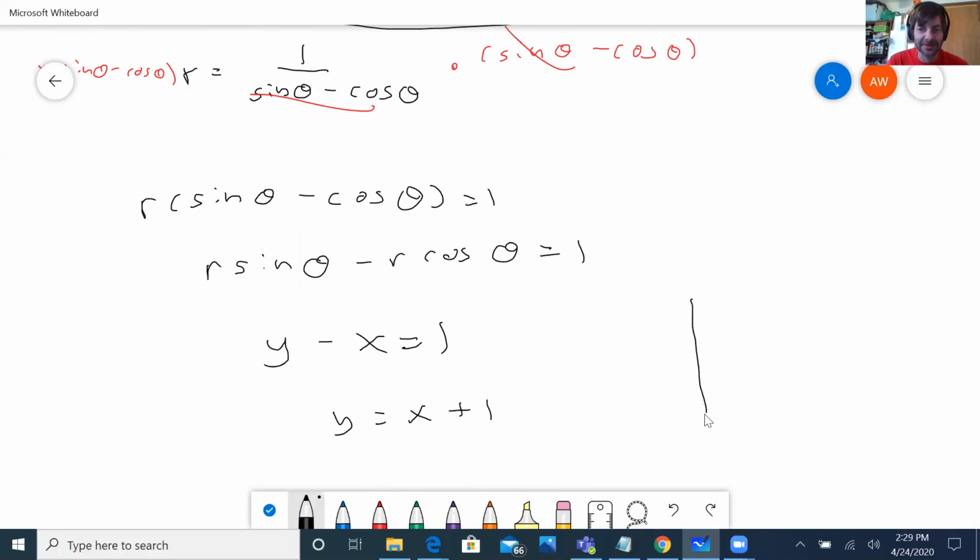Which is a nice line, not through the origin, but through the point (0, 1).